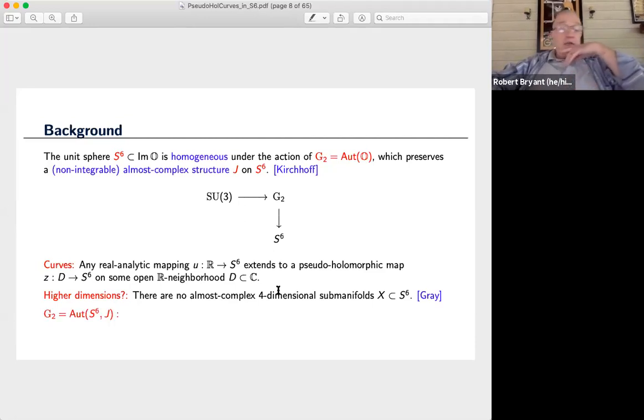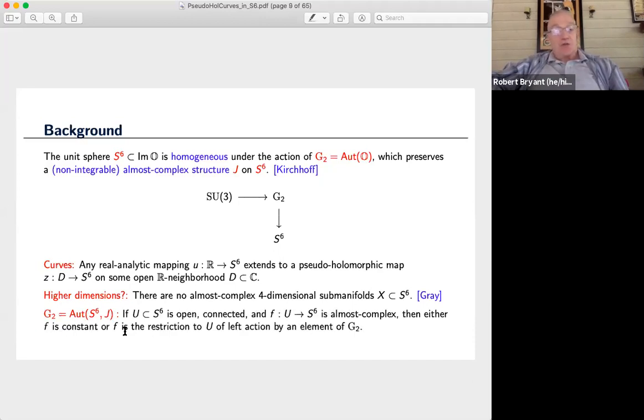However, if you forget everything except the almost complex structure, you can recover the action of G2, because it's a result that if you take any open connected set U in S^6 and any almost complex map into S^6, then either it's constant or it's the restriction to U of a left action by an element of G2. So the geometry of G2 is intimately connected to the pseudo-holomorphic curves.